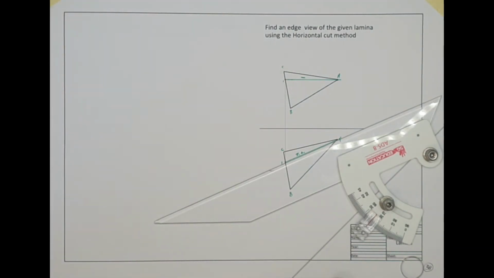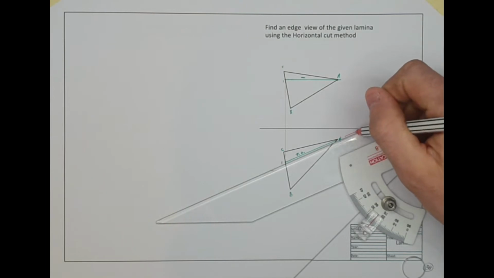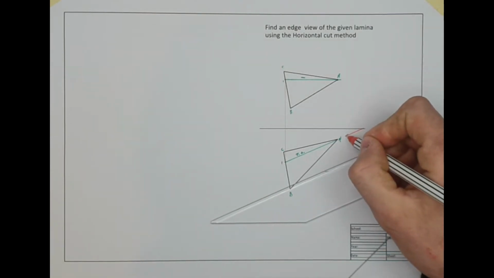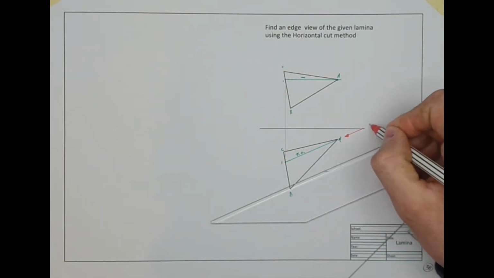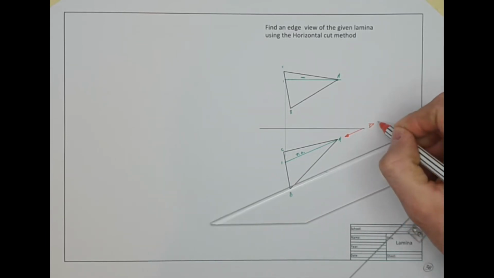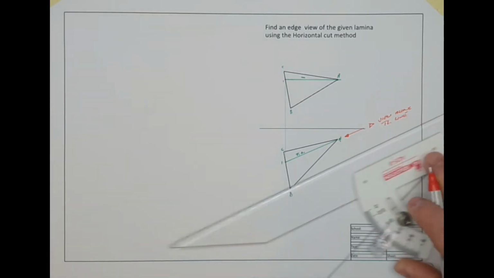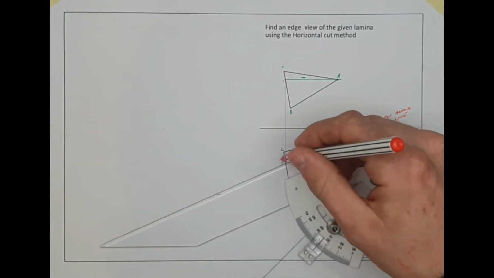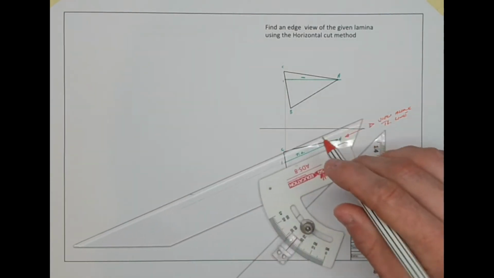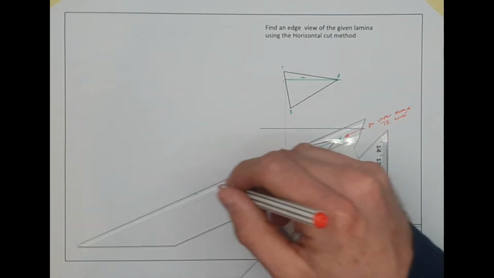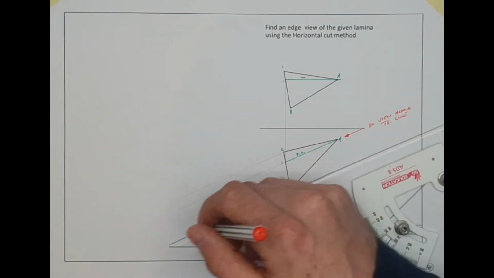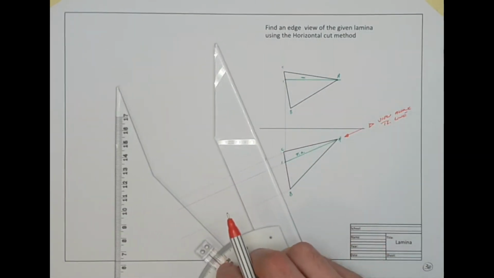If I view down along that true length line, okay, there's my viewing direction. If you view along the true length line, you should end up with a point view of the line and an edge view of the plane, and that is using the horizontal cut method.